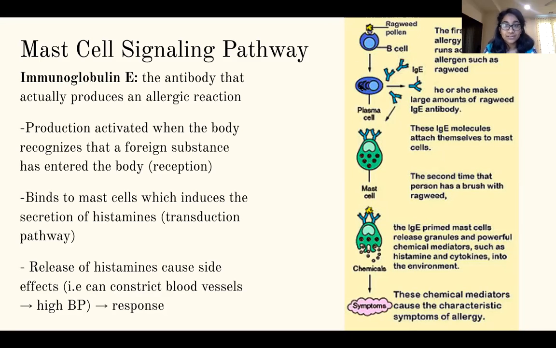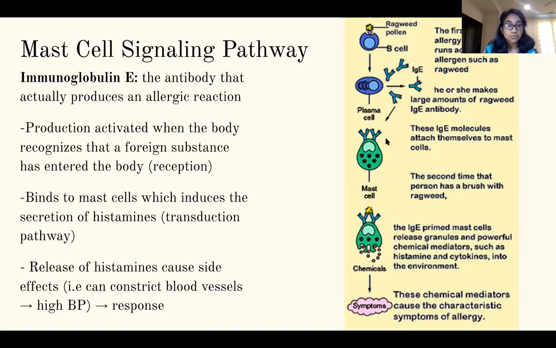Essentially, these cells release IgE antibodies. When that happens, these IgE antibodies can attach themselves to mast cells, which causes a process called degranulation to occur. I think a lot of us already know what that is.